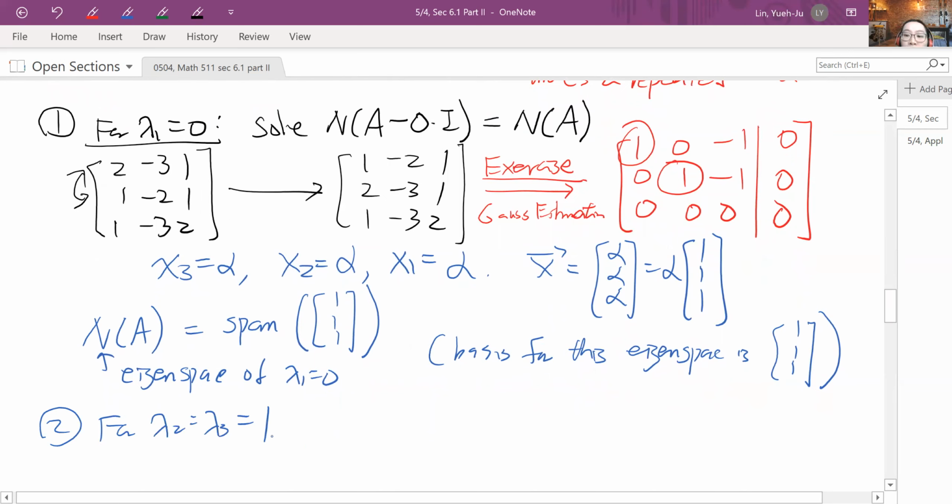Sorry, just a quick question. Is that where the N parentheses A comes from, because of this property of the eigenvector values? Is that why we write the null space in that manner? Is that where that originally spawns from, or is there a deeper meaning we haven't gotten to?